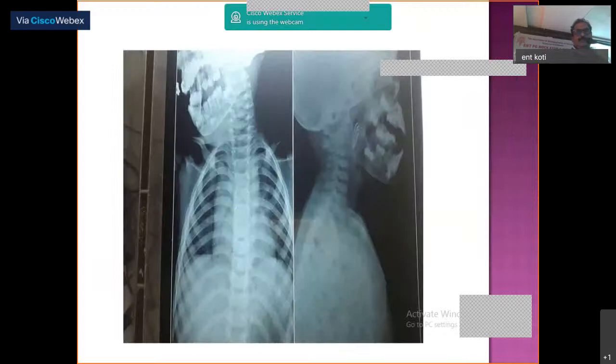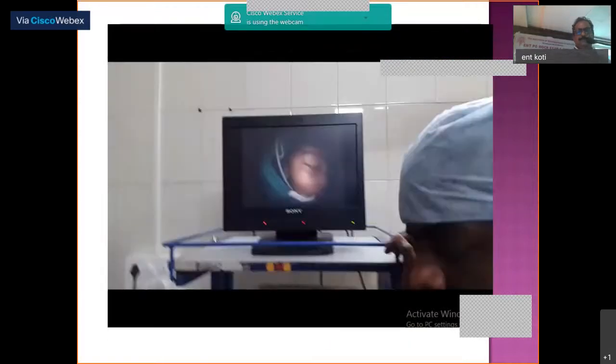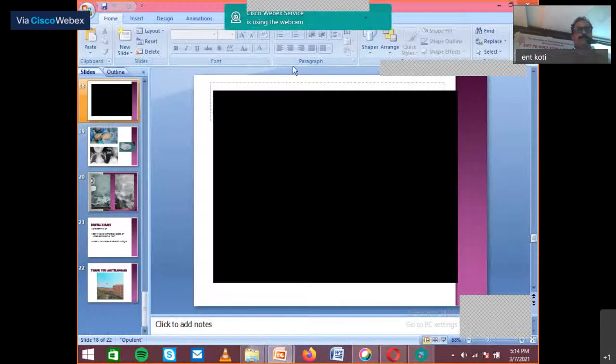And this was the shadow X-ray of the brush in the nasopharynx. I'm showing the video. I'm not playing here. I'll go back. I will show you before the video.